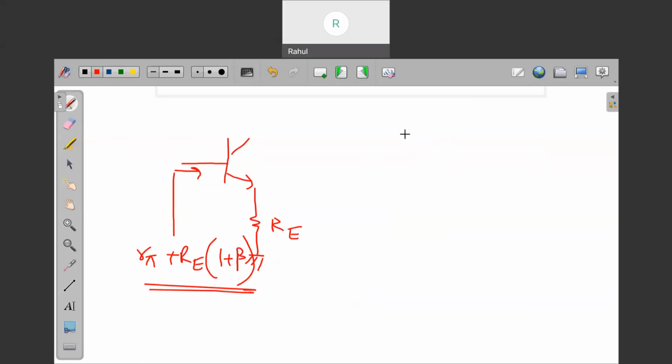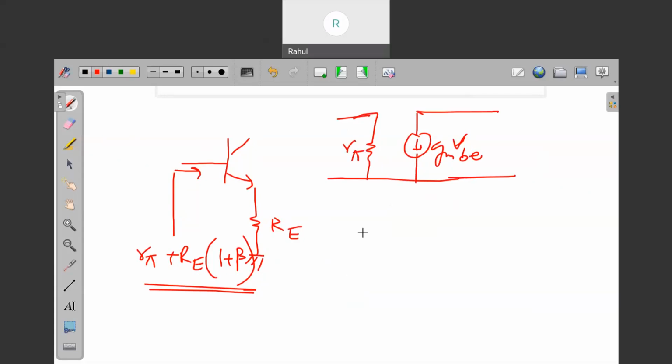You can see this was the model for the BJT, that is gm VBE, the r pi model. Now if you want to draw the r pi beta model, this is r pi and this is beta IB.